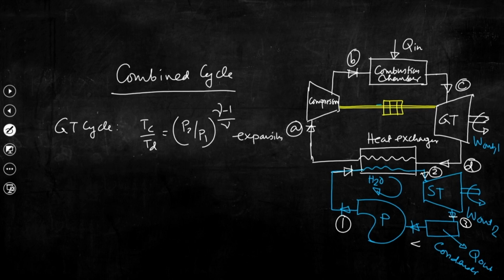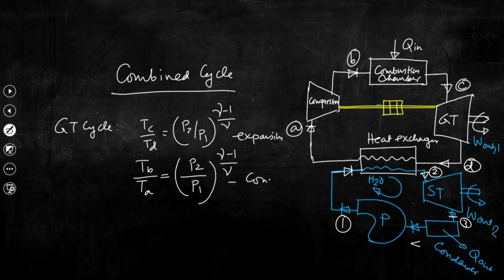And for the compression we can write Tb by Ta equal to P2 by P1 to the power gamma minus 1 by gamma. Again I am telling, this is for the compression, so gamma for compression may not be equal to the gamma for expansion.